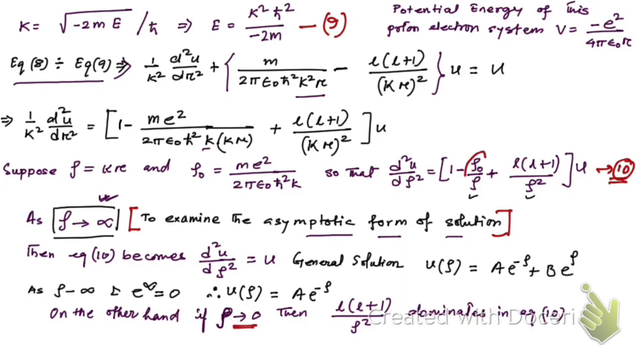So anything divided by 0 is infinity, and so here you see, if you put 0 here, this is going to be the largest term, and that's going to be dominant over the other terms, so we can ignore the remaining terms, and then this equation 10 can be written in this form. Let me take a new slide. So this can be written this way.